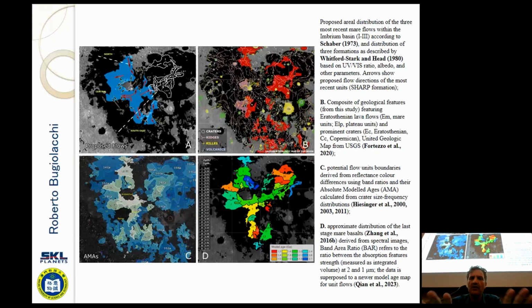Anyway, just to show you how complex the classifications have been and how much interest this area of the moon has been given over decades and decades, because our friend Galilei discovered and mapped it for the first time so many centuries ago.